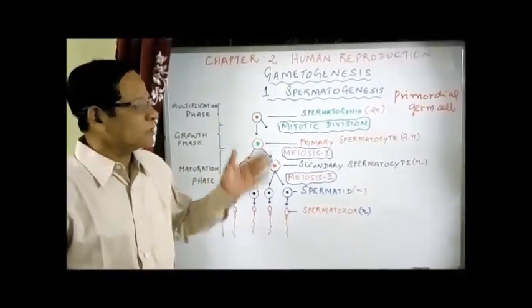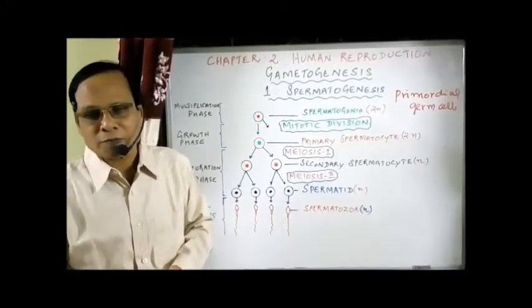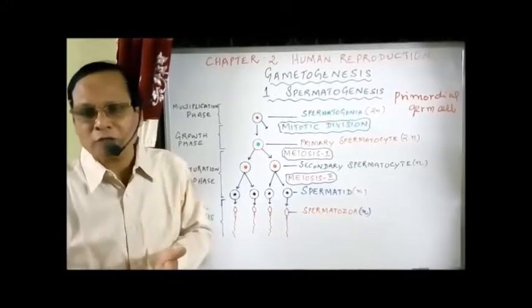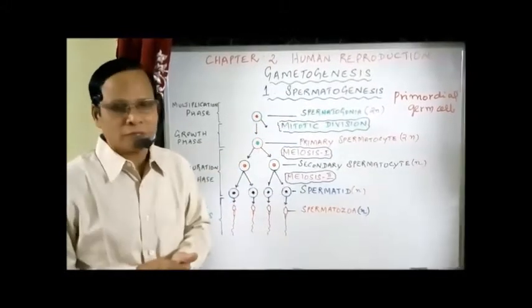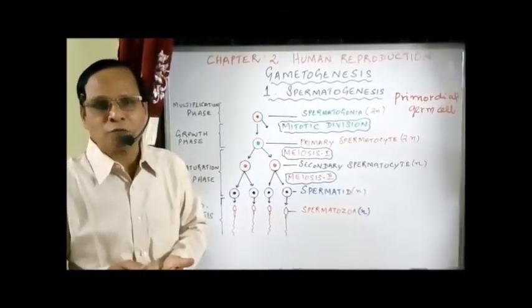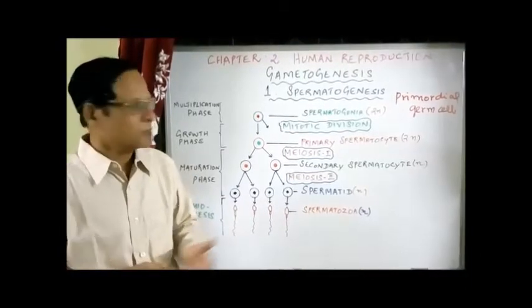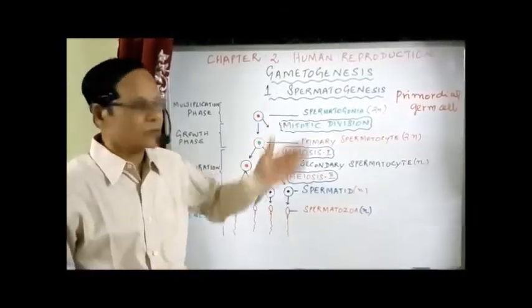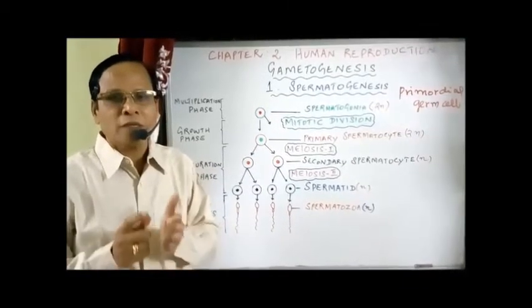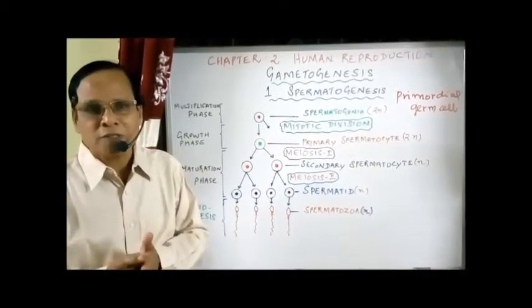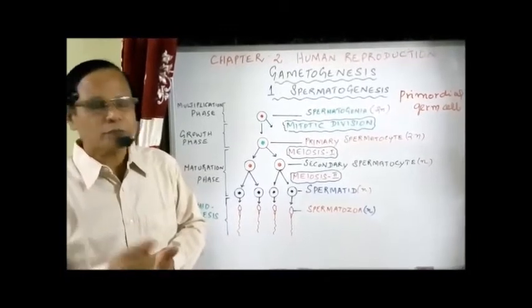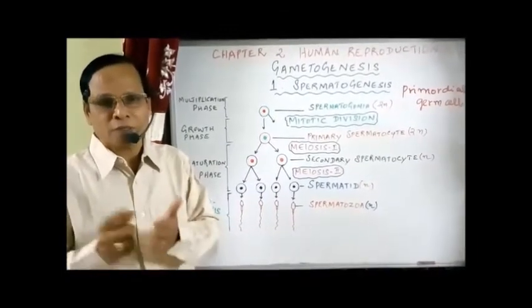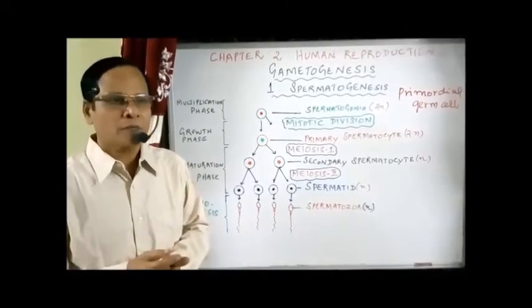Now the process of spermatogenesis, the mitotic division of the spermatogonia, begins at the age of puberty. So first we have the formation of initial cells, the spermatogonia. They undergo mitotic divisions at puberty and continue the same process throughout life.